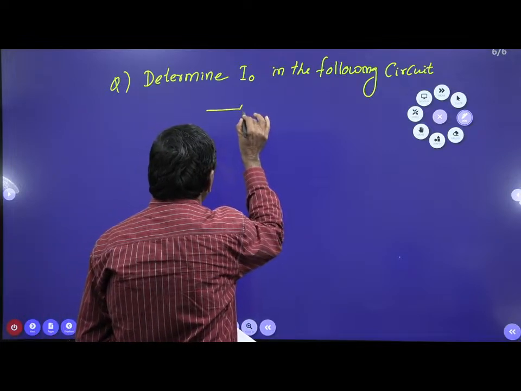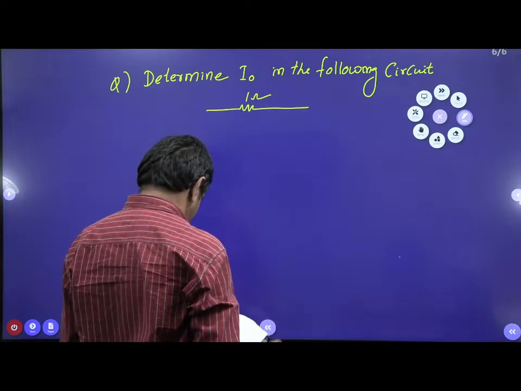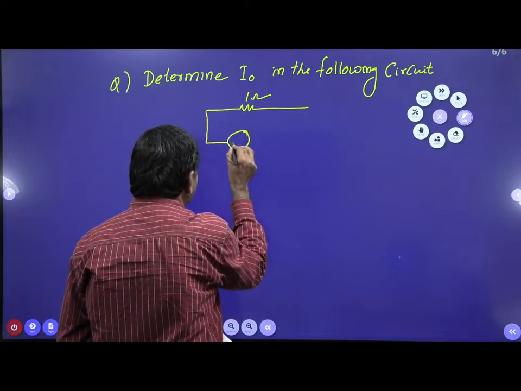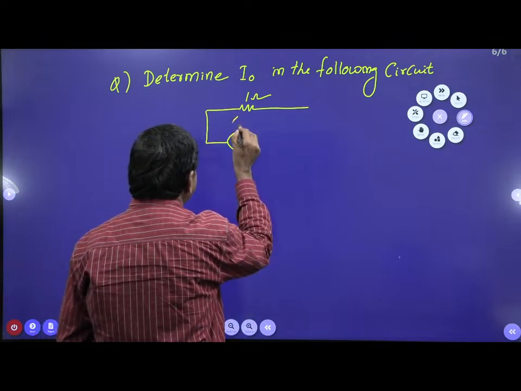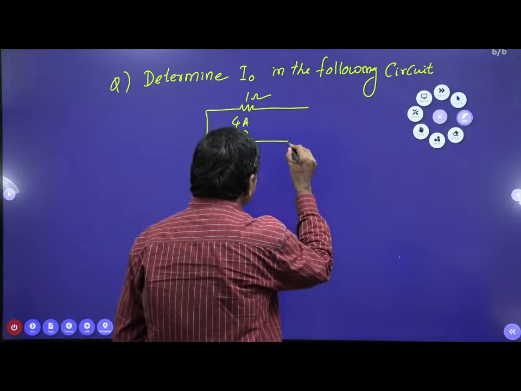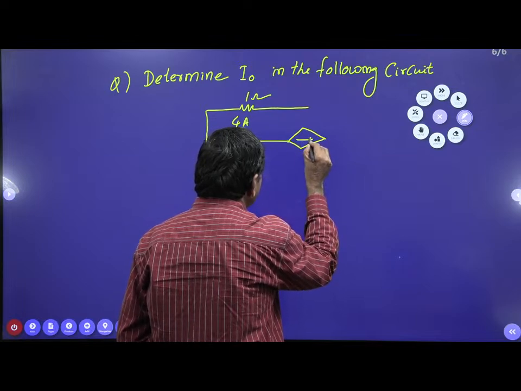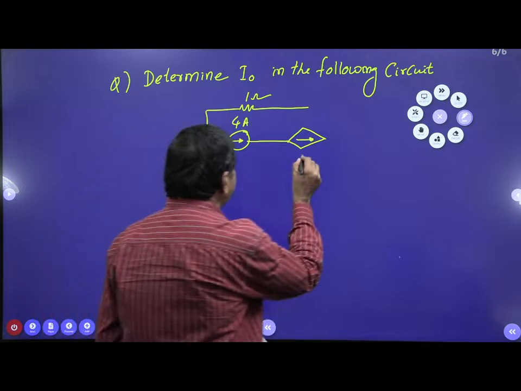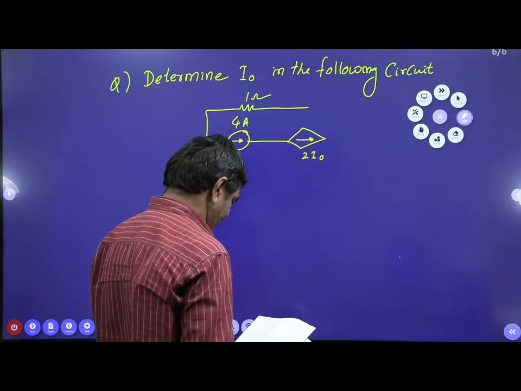There is a 1 ohm resistor, another 1 ohm resistor, and here it is connected with a current source of 4 amperes. On this side, a dependent source is connected, with direction this side, and its current is given as 2 I naught.